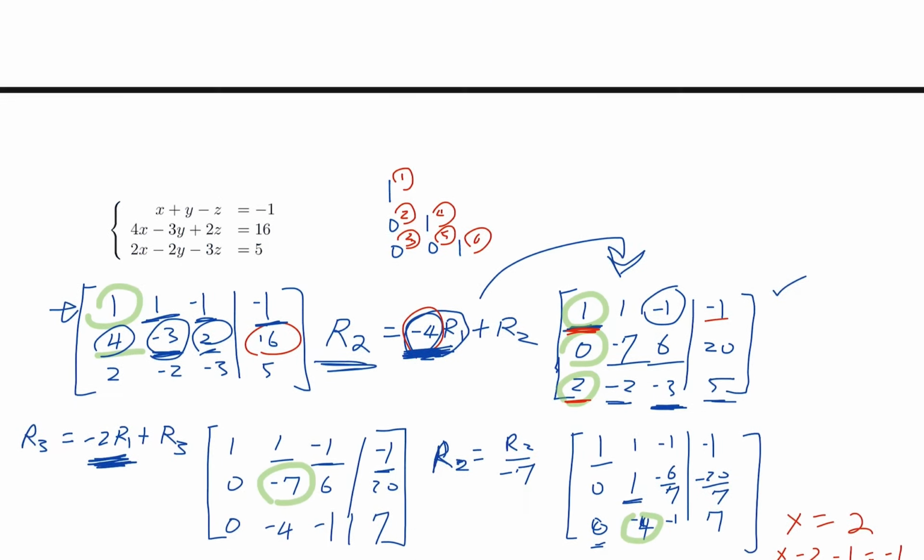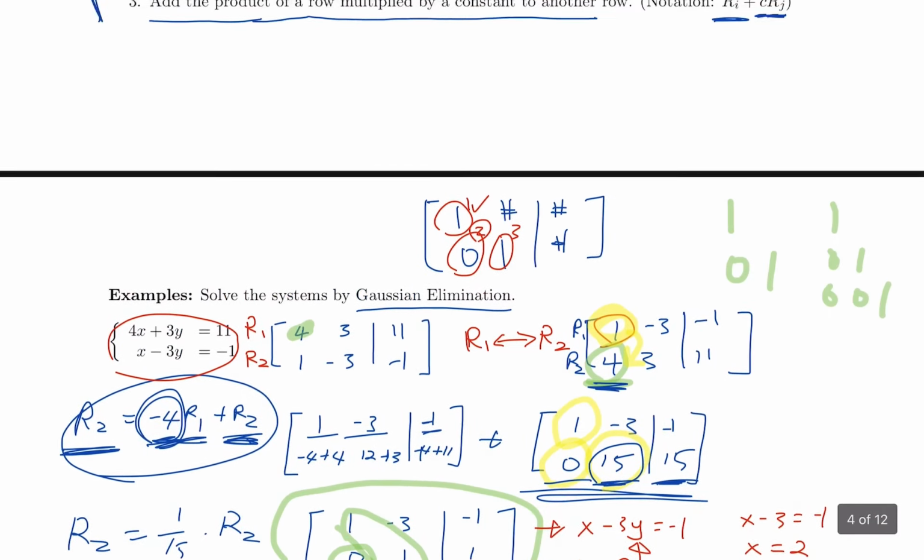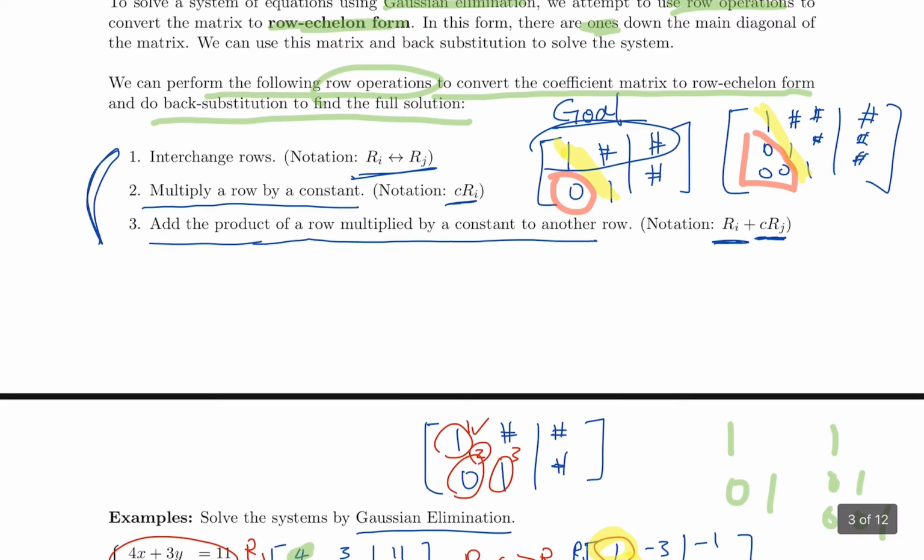So let me review the allowable row operations. We can interchange the rows, like the location. We can also multiply a number to an entire row. And we can add a product of a row multiplied by a constant to another row.